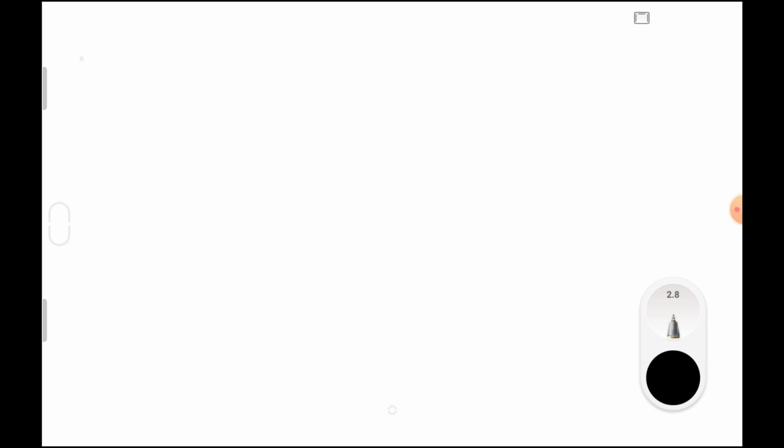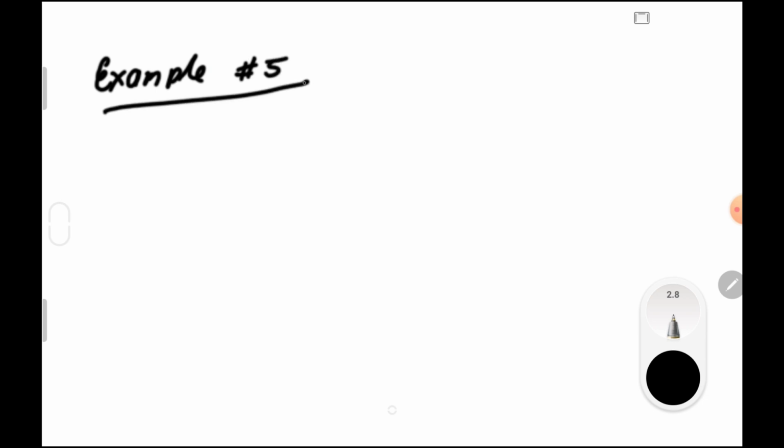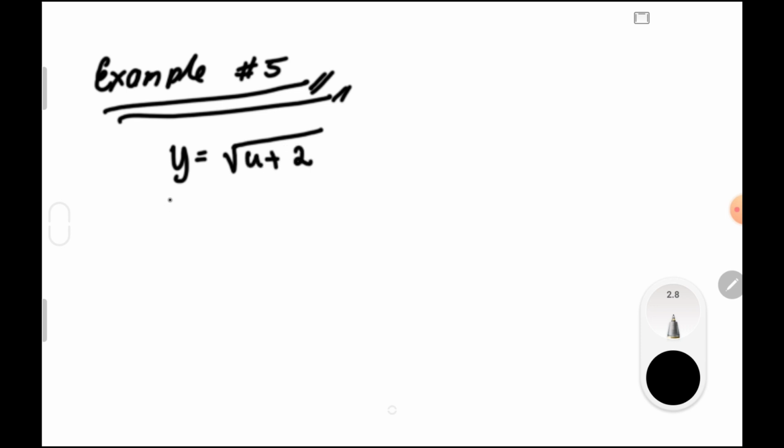So our example number 5. Okay, wherein we have y is equal to square root of u plus 2, and our u is equal to 4x minus 2.